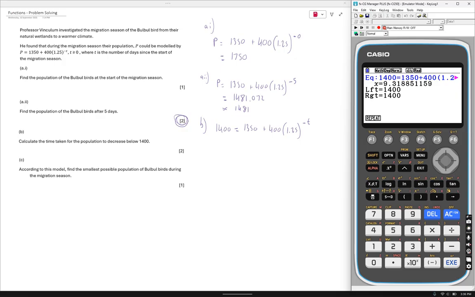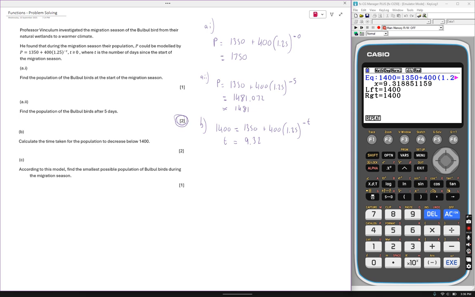Solve it, and we get an answer of x, or really t, equals 9.32. That would be to 3 significant figures.